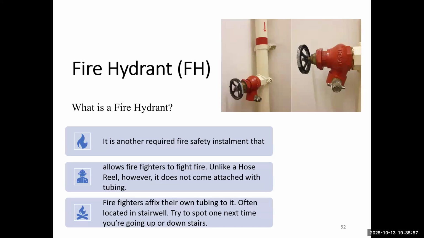They are part of a dedicated riser system with a much higher water pressure and flow capacity than the hose reel. So always the hose reel and the fire hydrant system are integrated into a single system, and they always share the same water tank, water pumps, and the main piping network within the building.